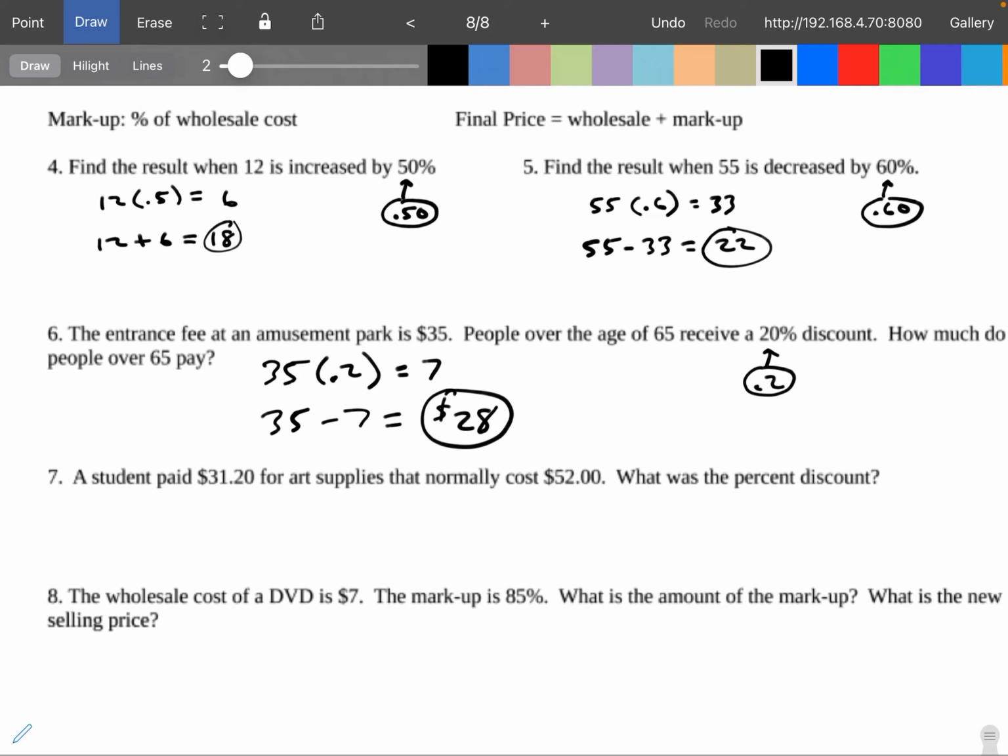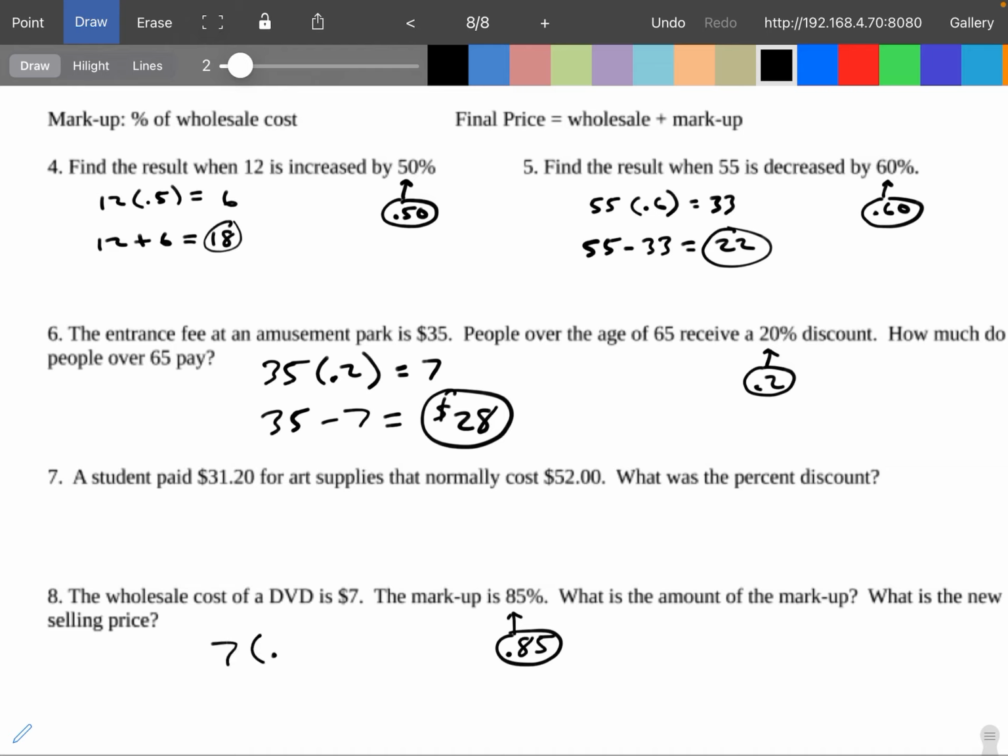So 8 says, the wholesale cost of a DVD is $7, and then the store owner is going to mark that up 85% to sell it. So what's 85% as a decimal?